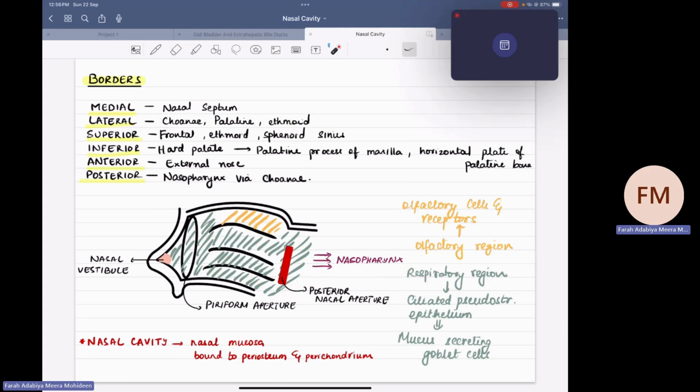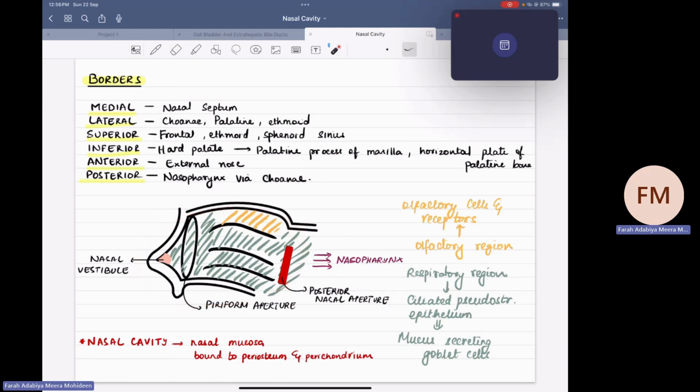When we talk about the openings, they all end up in the nasopharynx, right? And in terms of the regions, this whole nasal cavity you can divide into an olfactory region, which is the yellow part, and a respiratory region, which is the green part.